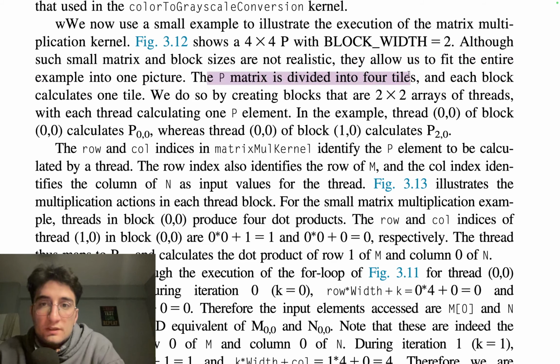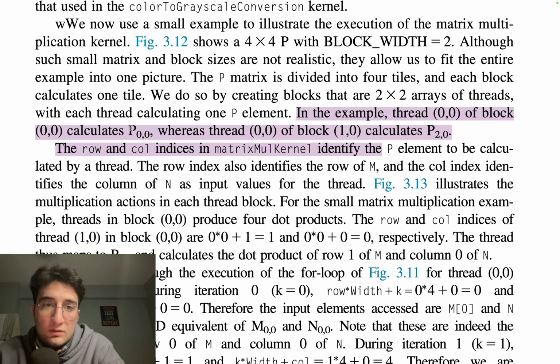The P matrix is divided into 4 tiles and each block calculates 1 tile. We do so by creating blocks that are 2 times 2 arrays of threads with each thread calculating 1 P element. In the example, thread 0,0 of block 0,0 calculates P00, whereas thread 0,0 of block 1,1 calculates P22.